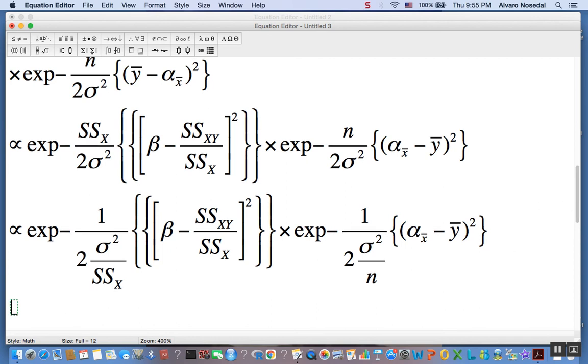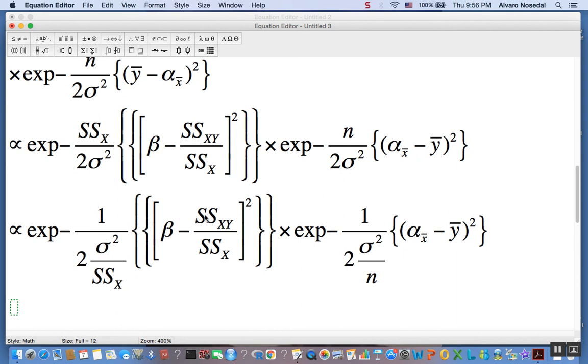So let's summarize what we did thus far, and this is going to be really important for us. This expression that we have here is the likelihood for a sample for our linear regression model. But it turns out that it happens to be the product of two independent likelihoods, one for beta, one for alpha.